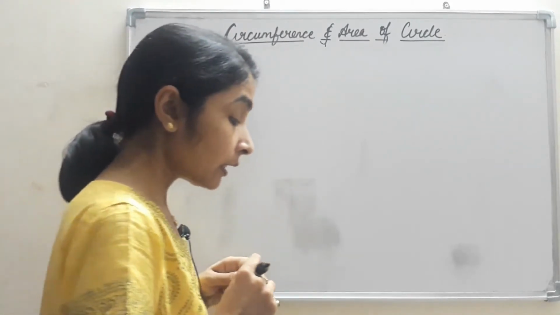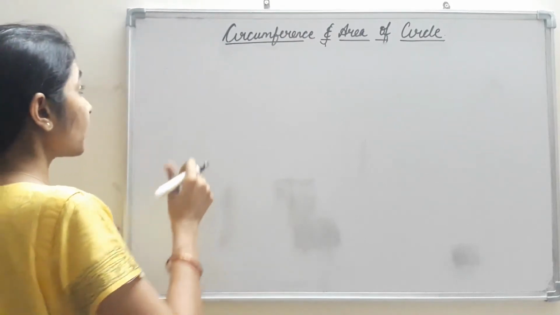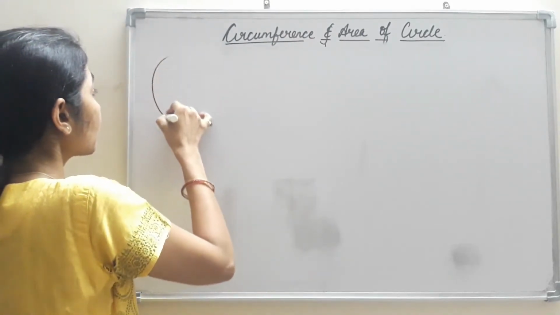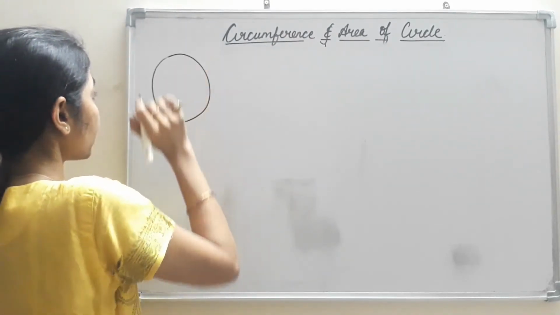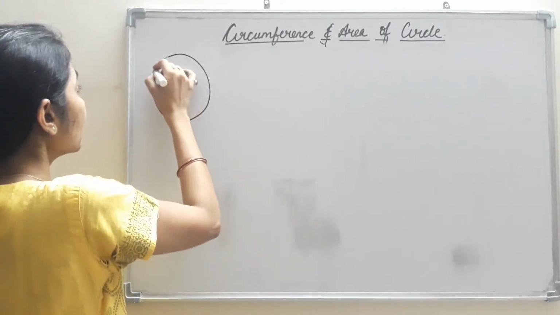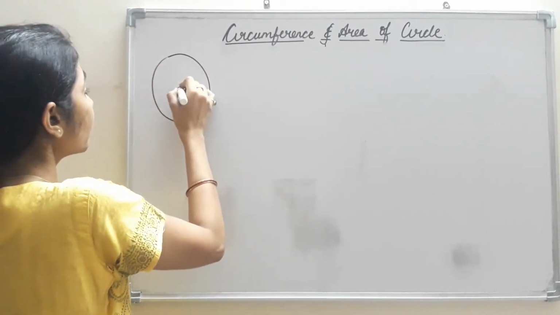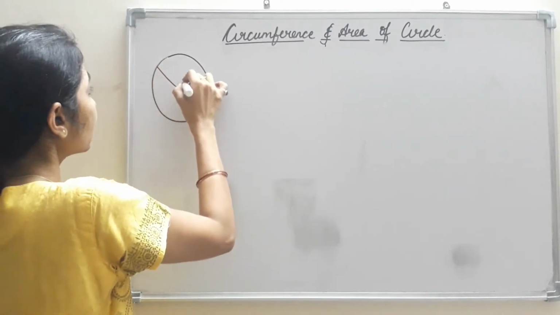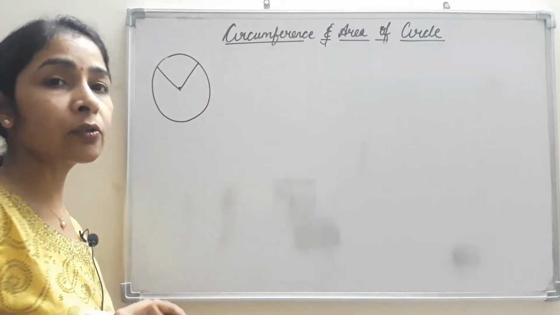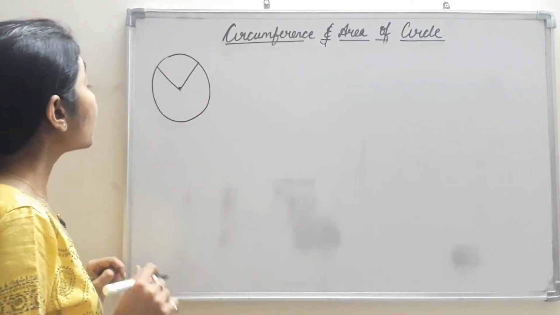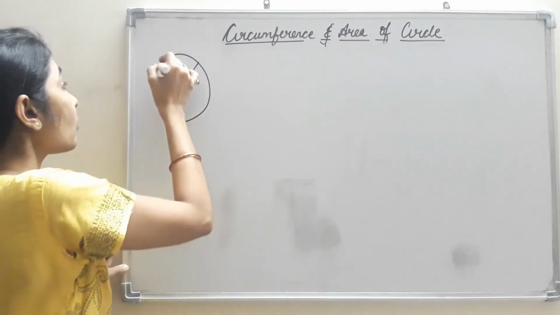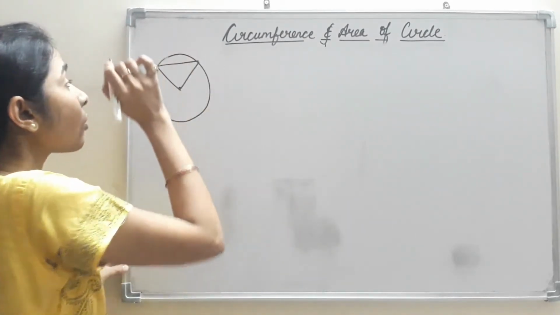Now let us see what is the area of segment. When we calculated the area of sector, we were given the center and an area enclosed by 2 radii. Now sometimes we are also given a chord.